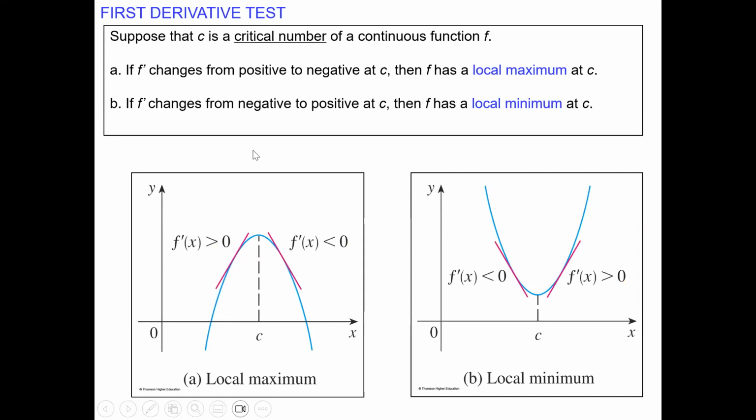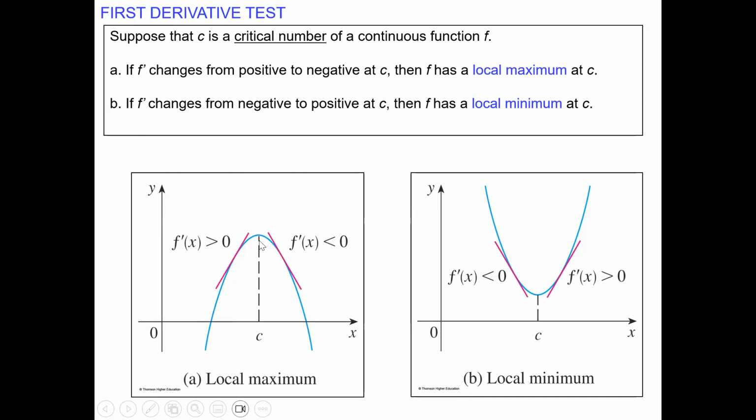Let's suppose that C is a critical number of continuous function. We have to know how to find the critical numbers. And now, if the first derivative is changing sign from positive to negative, so we can see positive is when the function is increasing, positive first derivative and then negative.